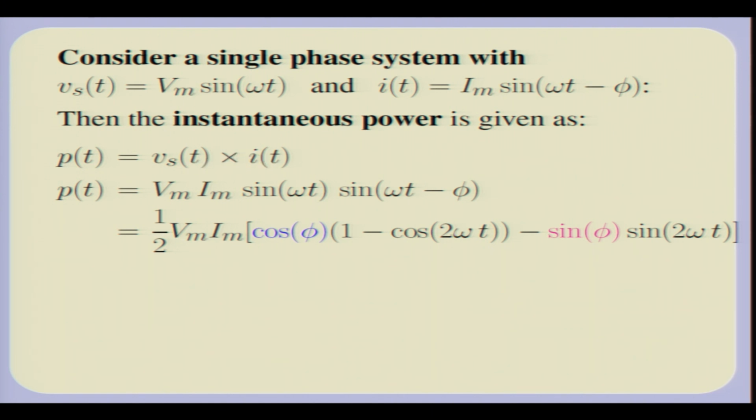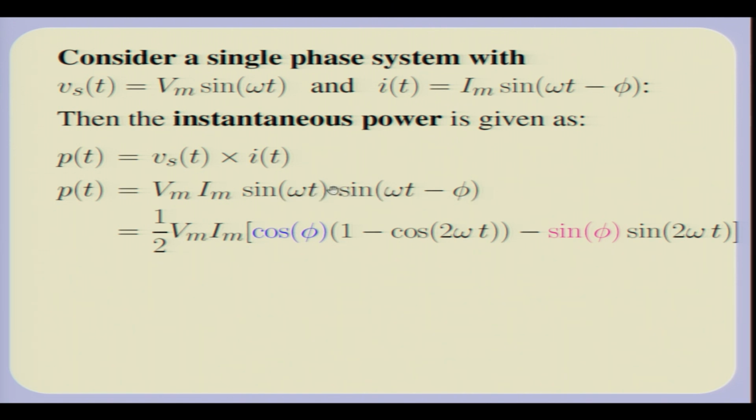Why this is so is something you can think over. When you take the product of v into i, which is the instantaneous power in the circuit, you get this expression, with sin omega t and a bit of trigonometry.